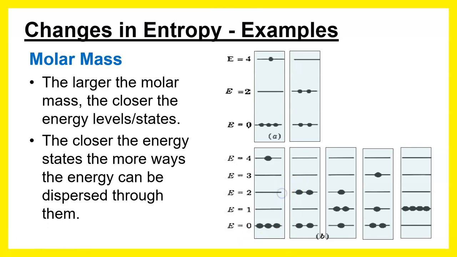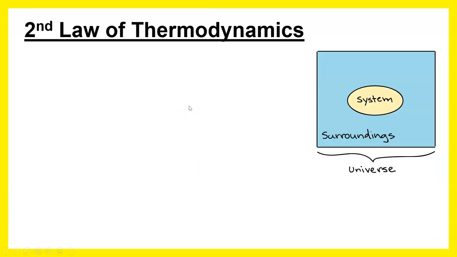All right, moving on a little bit, let's take a bigger look at entropy. Let's zoom out for a minute, way out, and think about the entropy of the universe for a second. When we're doing reactions, we always tend to think about the system and surroundings from a small perspective, like the chemicals inside the beaker.